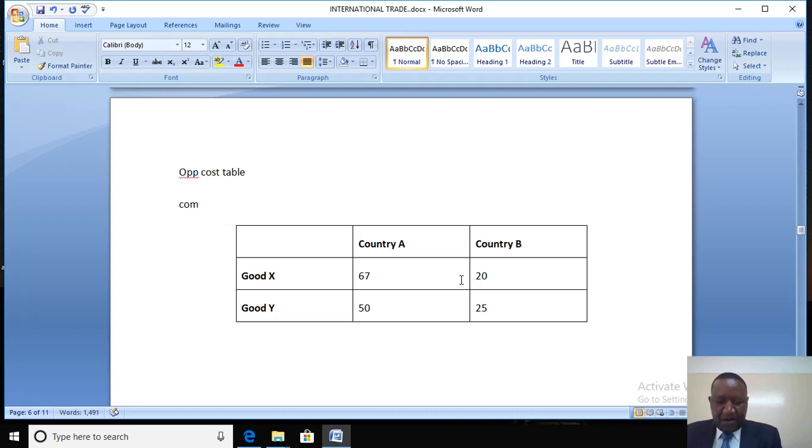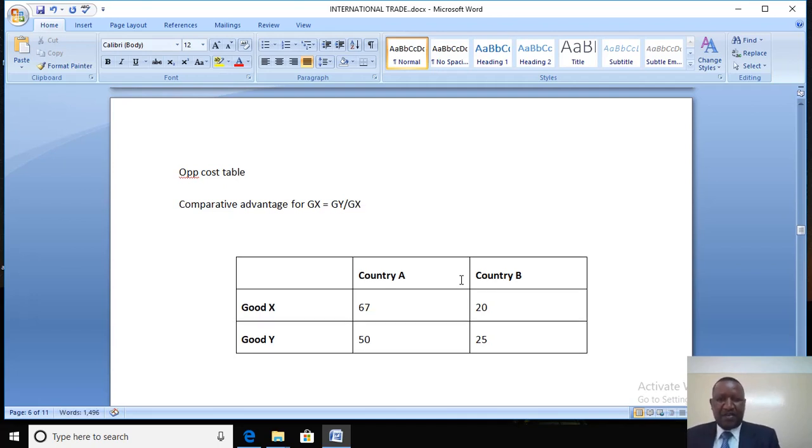So comparative advantage for good X will be equal to the quantity produced of good Y divided by the quantity produced of good X. That's what we learned in our previous video.